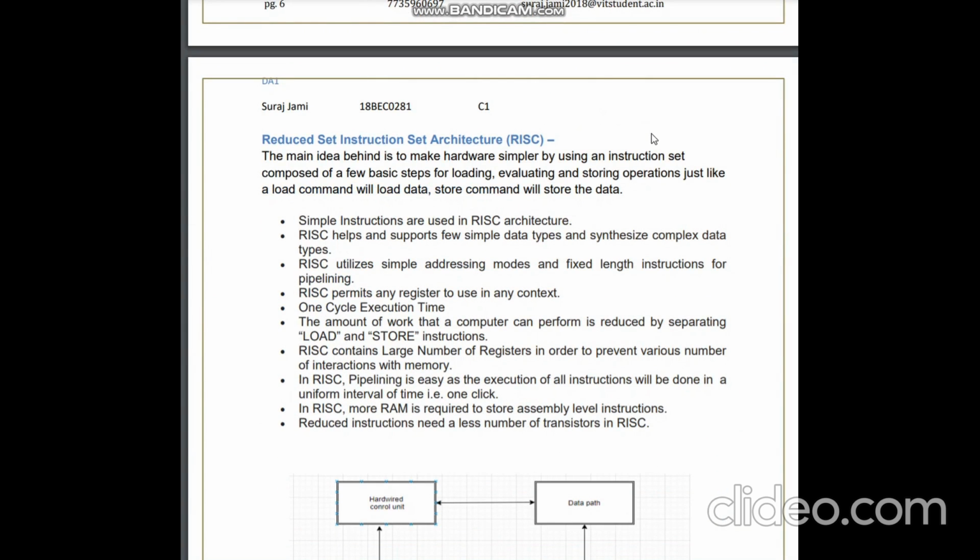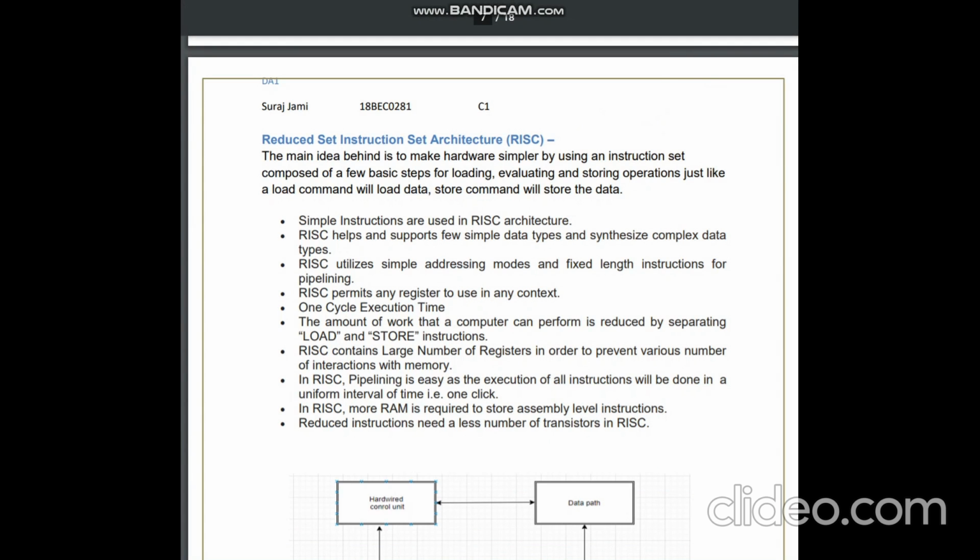The main idea behind it is to make the hardware simpler by using an instruction set composed of a few basic steps for loading, evaluating, and storing operations, just like a load command will load data, and a store command will store the data.